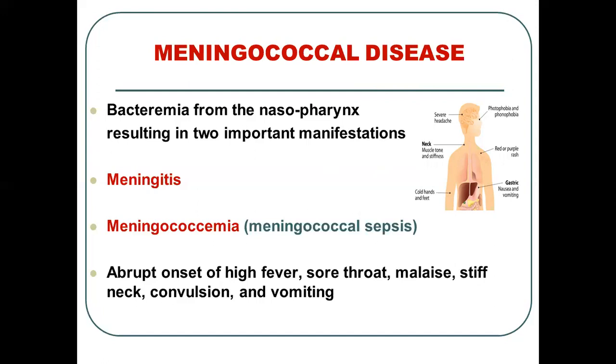One is meningitis, and the other is meningococcal sepsis. So there is an abrupt onset of fever, sore throat, malaise, stiff neck, convulsions, and vomiting. So generalized signs and symptoms are initially seen.